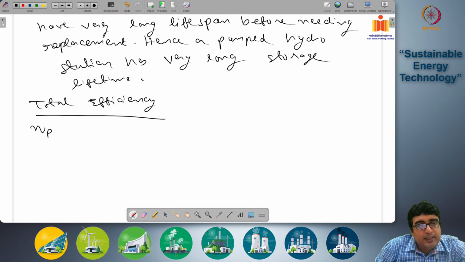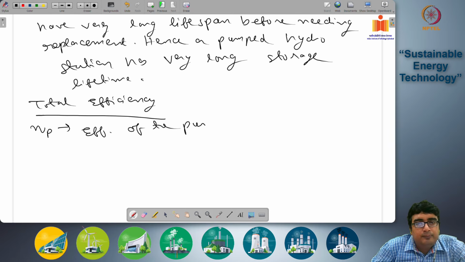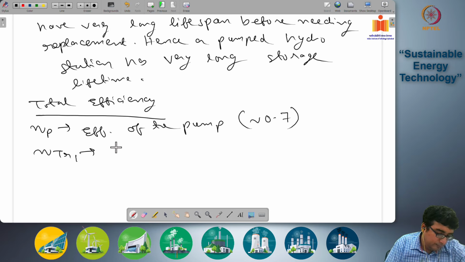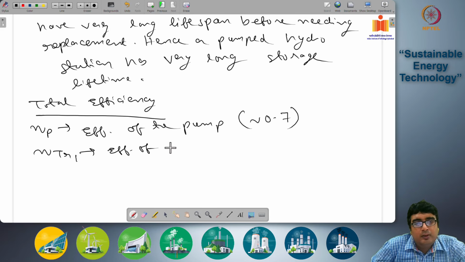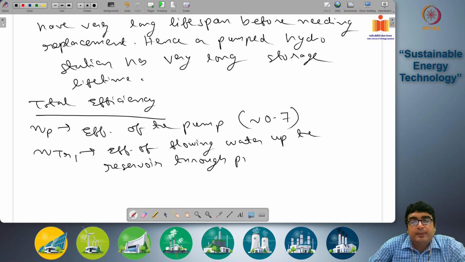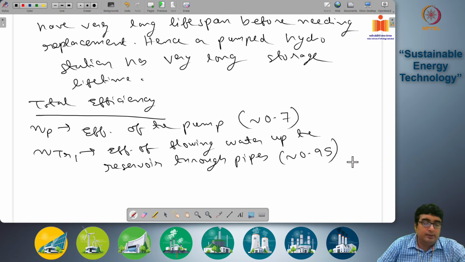If eta P is the efficiency of the pump, which is usually of the order of 0.7, eta TR1 is the efficiency of flowing water up the reservoir through pipes. So this is of the order of 0.95.